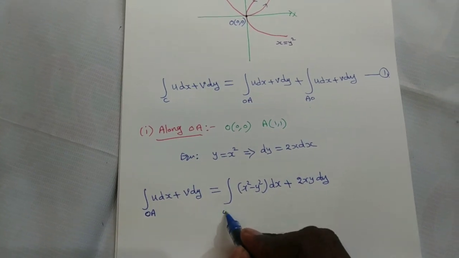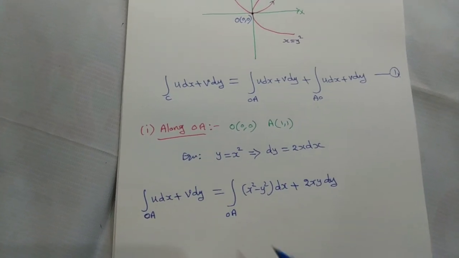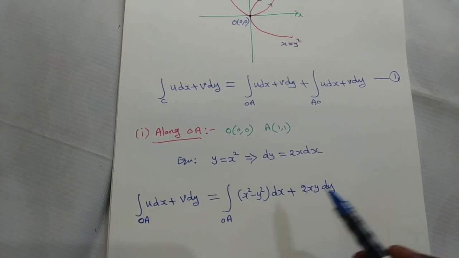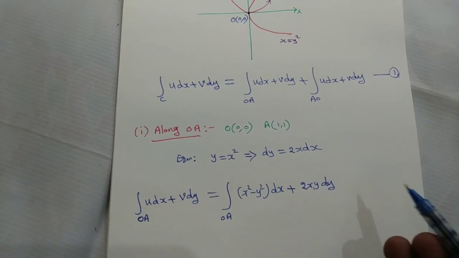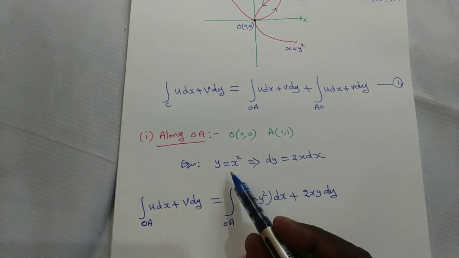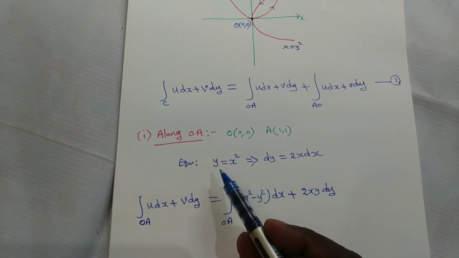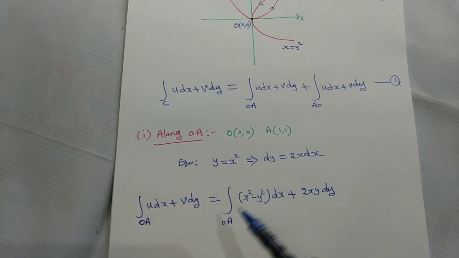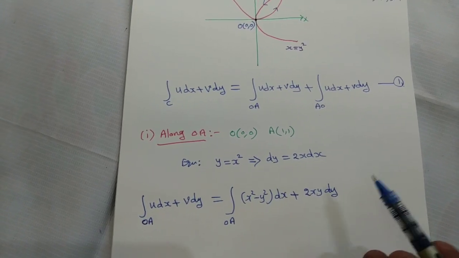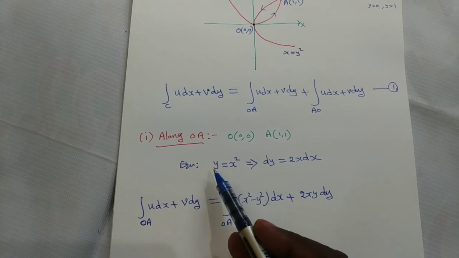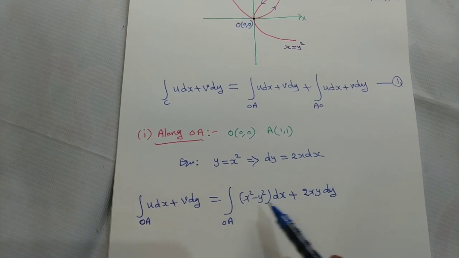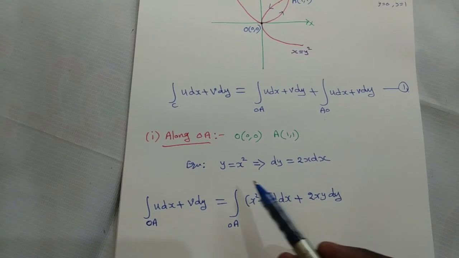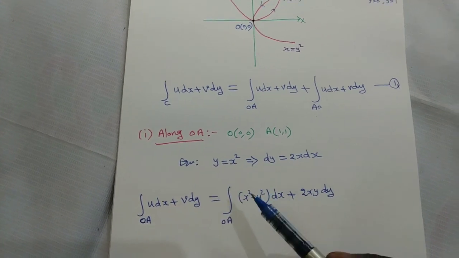This is a single integral, so I want to convert it into a single variable, either in terms of x or in terms of y. From y equal to x square, the integral converts into x, or otherwise you can put x equal to root y and it converts into y. But the easiest one here is putting y equal to x square.